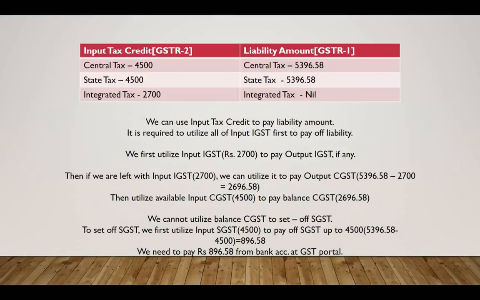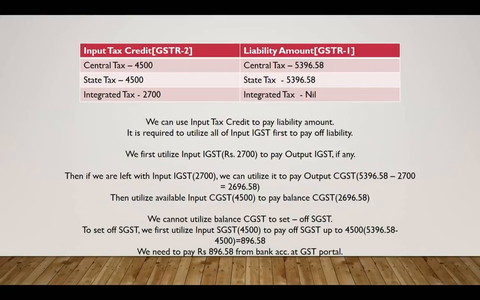And in case input IGST gets exhausted, only then can you use input CGST and input SGST to set off their respective liability amount. So the meaning is that you cannot use central tax input credit to set off state tax liability amount, and you cannot use input SGST to set off output CGST.